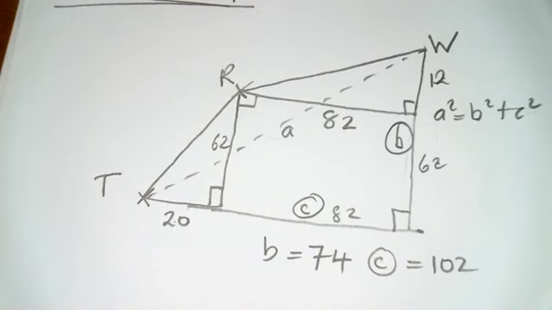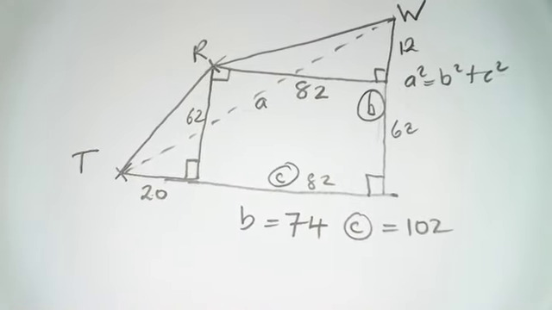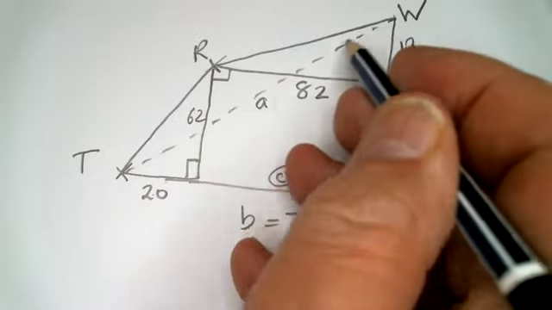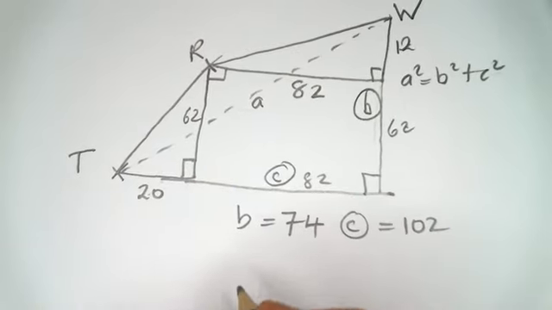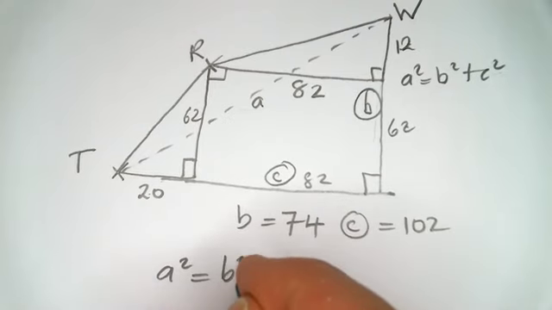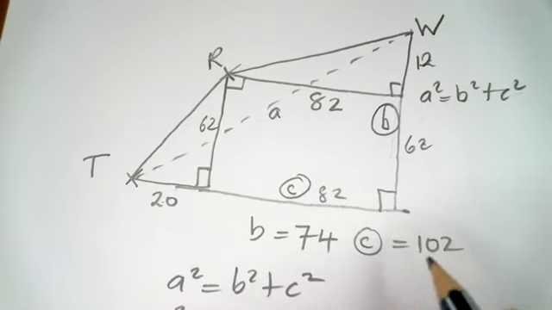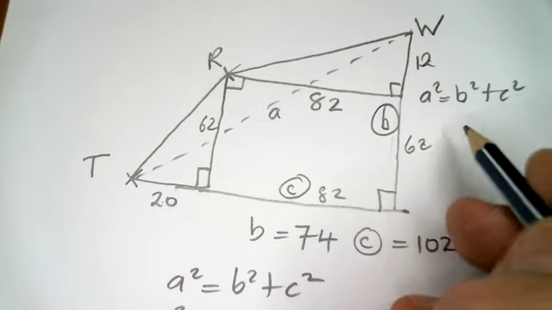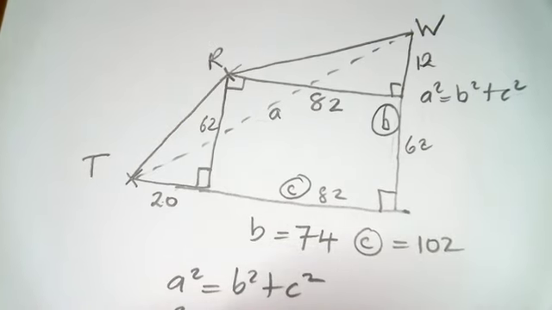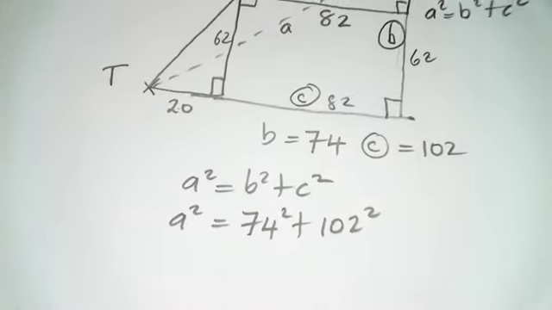Okay, now we can go ahead and use Pythag and see what distance that line is. So A squared is equal to B squared plus C squared. I'm going to restate it. A squared is equal to B squared, which is 74 squared, plus C squared, which was 102 squared. Sorry, you can't see that. I keep doing that. I'm so sorry.